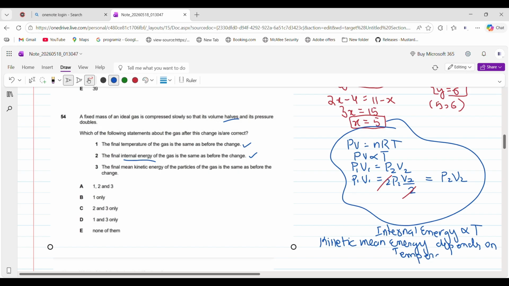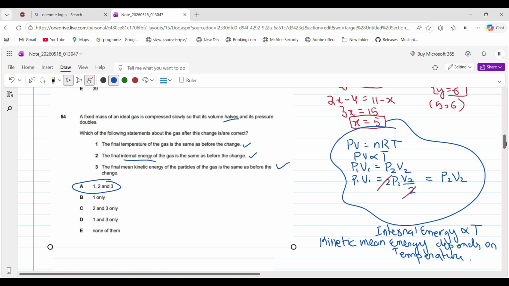And we know that temperature isn't changed, it is constant. So mean kinetic energy would be constant as well. Of course, it is constant then. So which means our first, second, and third statements are all right. So our option A is correct.